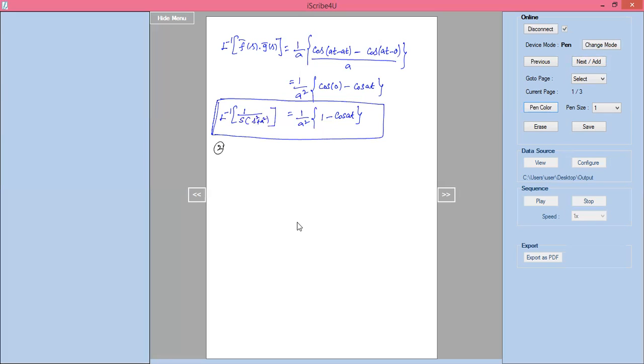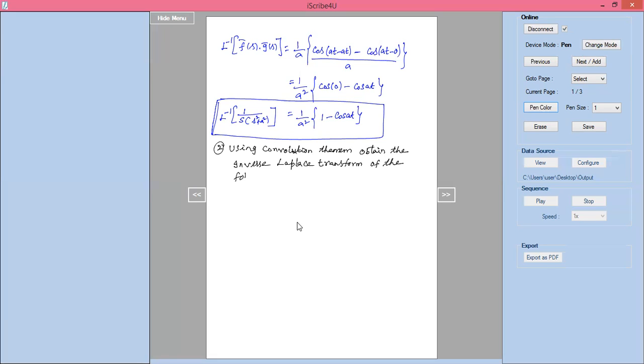Second question: using the convolution theorem, obtain the inverse Laplace transform of the following function.